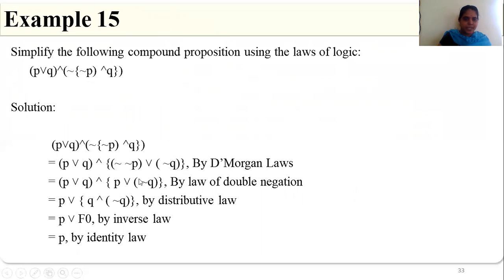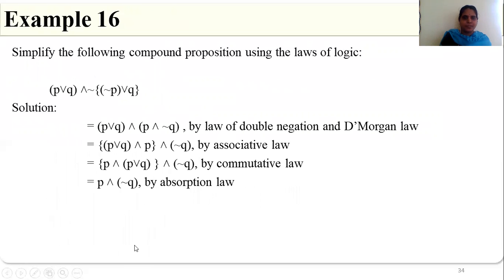Then negation of negation P can be P by using the double negation law. Here we can observe the distributive law. There is a common factor, P, with Q and negation of Q. Q and negation of Q is F-naught. So P or F-naught is P by using the identity law.